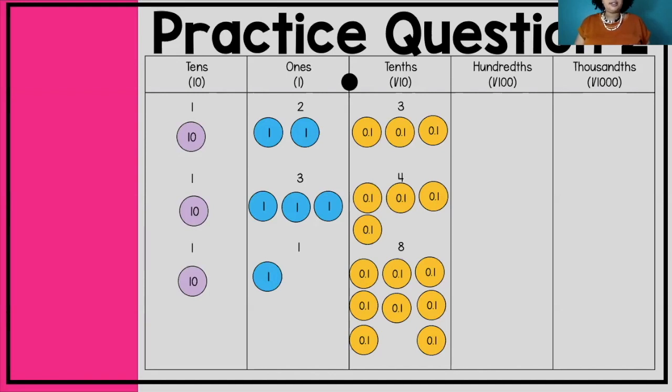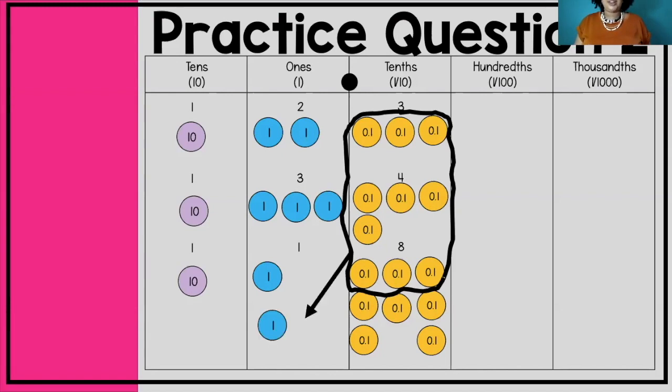Now let's start in the tenths place to see if we can make a group of 10 tenths. And there we go. I have a group of 10 tenths. I'm going to rename that as 1 one because 10 tenths is equal to 1 one.